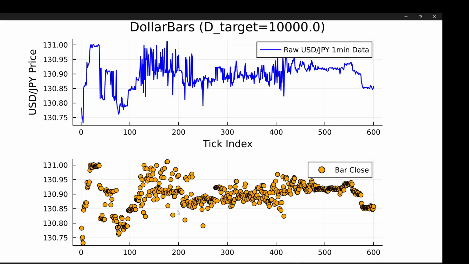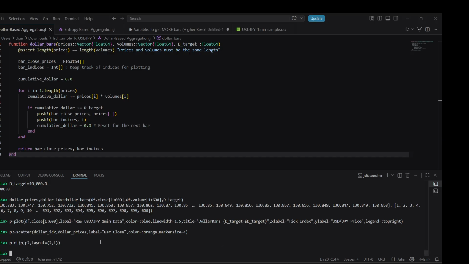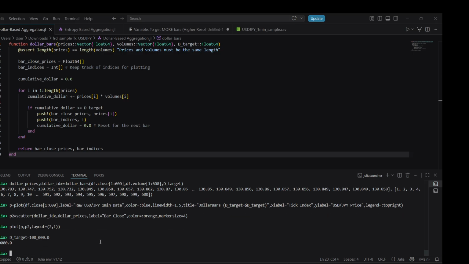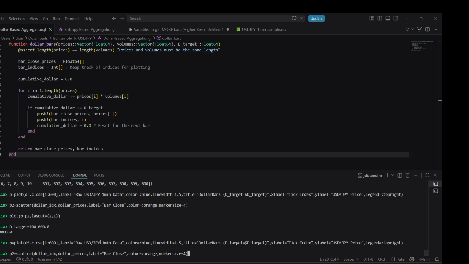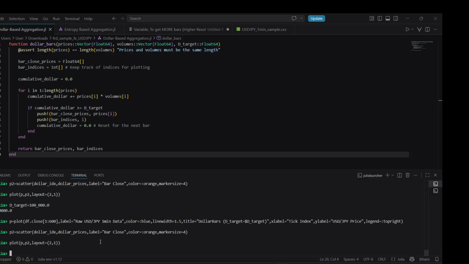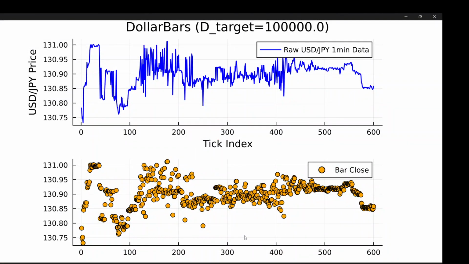I don't know if you can notice, but let's increase it again incrementally. Let's take it now to $100,000 worth of trades. There's slightly fewer closes.